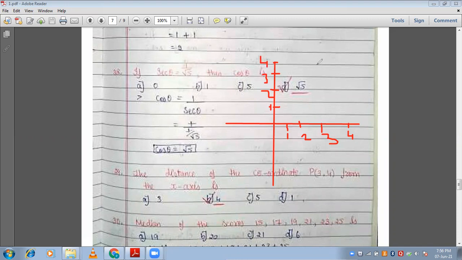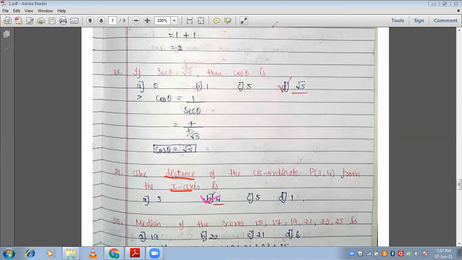So (3, 4) is here. What is the question? Distance from the x-axis. This is the x-axis and this one is the y-axis. So from here to here, what is the distance? Distance is 4 units. So option B is correct.